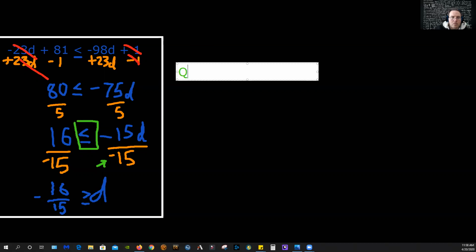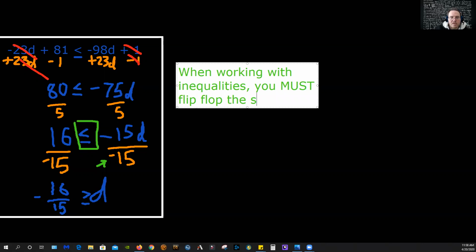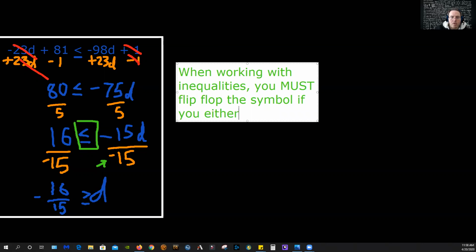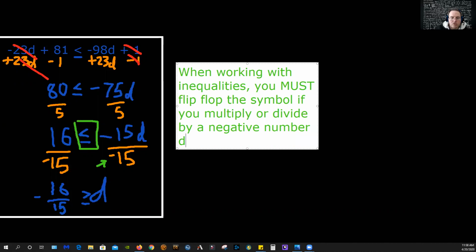When working with inequalities, you must flip-flop the symbol if you multiply or divide by a negative number during the process.